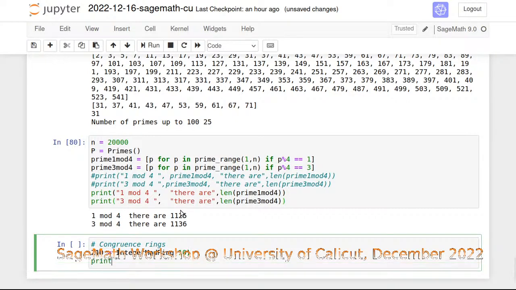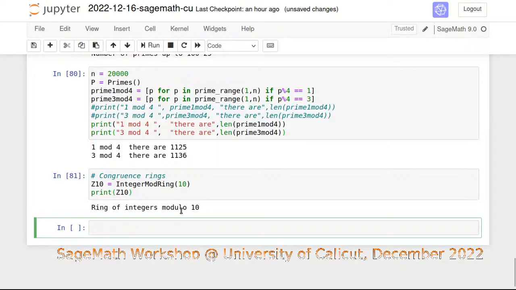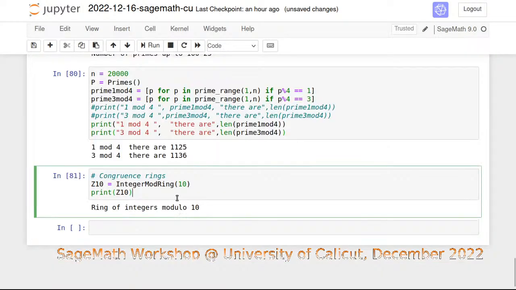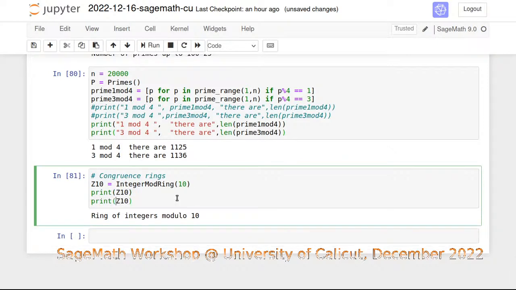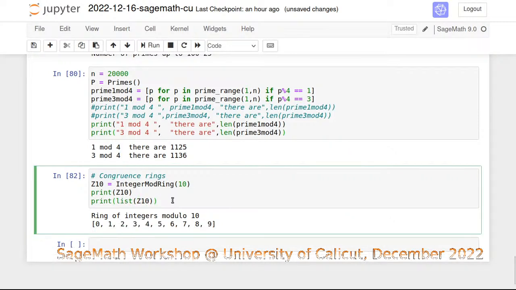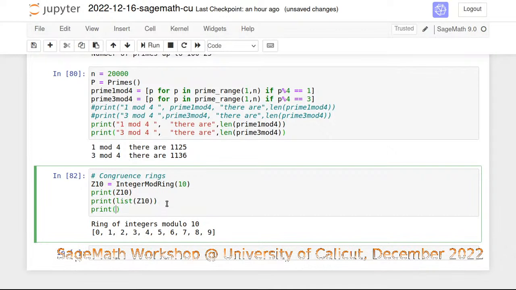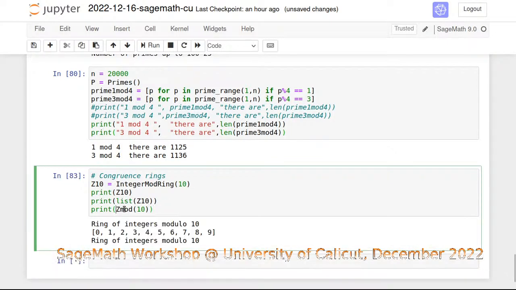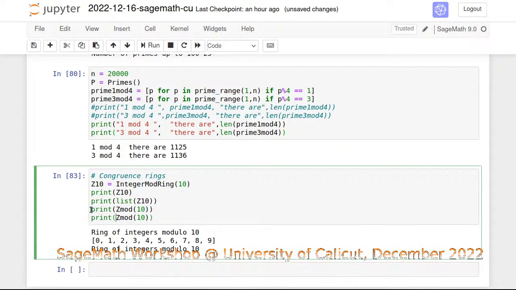And let us see what this is. So ring of integers modulo 10. If you really want to see the elements in that, convert that into a list. And in fact, instead of this, we can use Z mod 10.